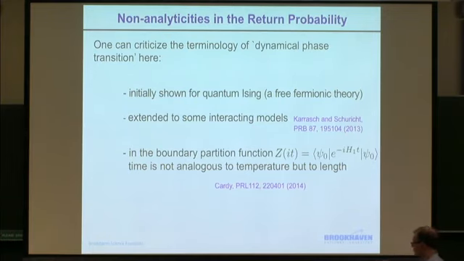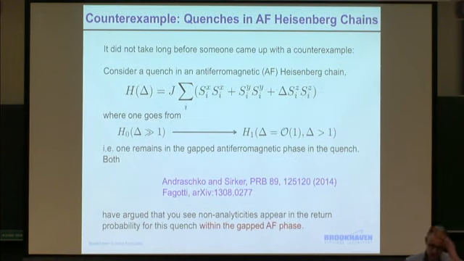Beyond these critiques, it didn't take people very long before they came up with counterexamples. People looked at the return probability in quenches in antiferromagnetic Heisenberg chains.